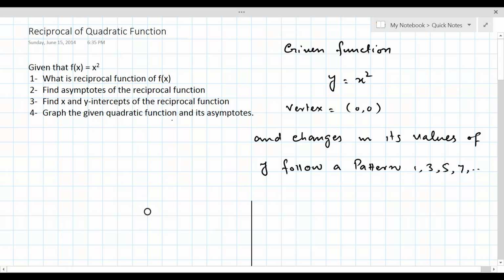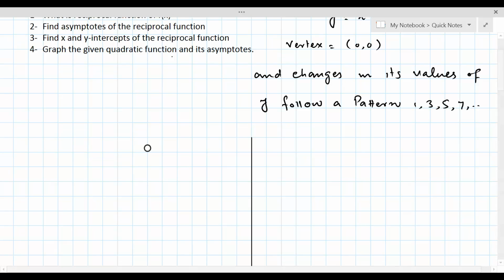So with this vertex and changes in the values of y, we can draw the graph of this function.